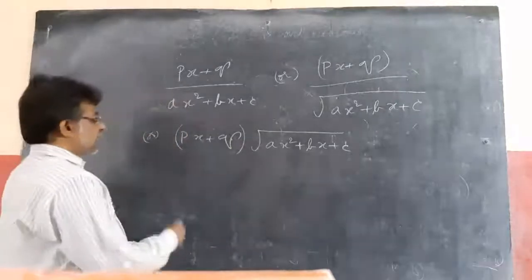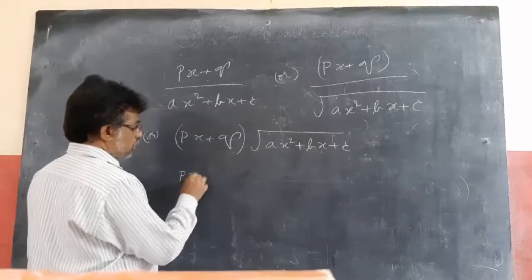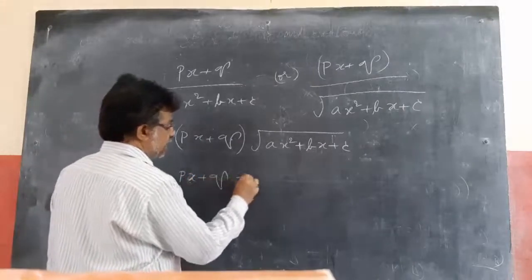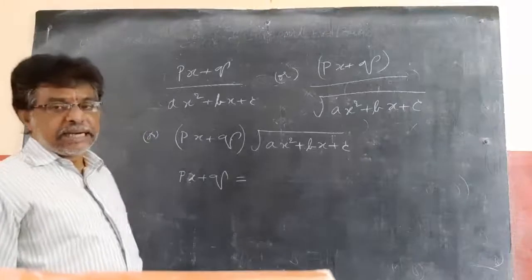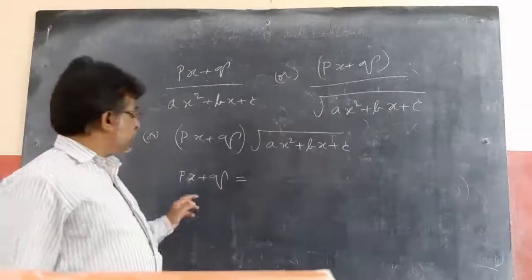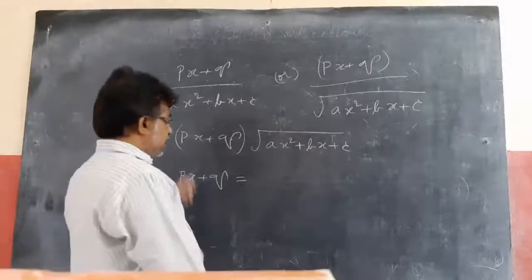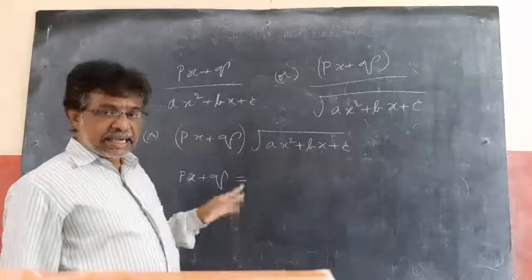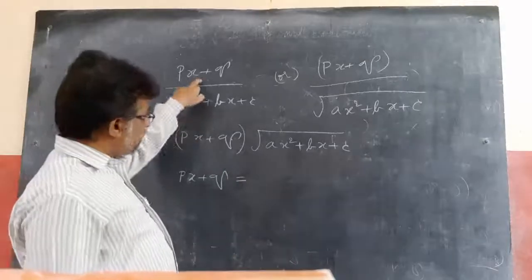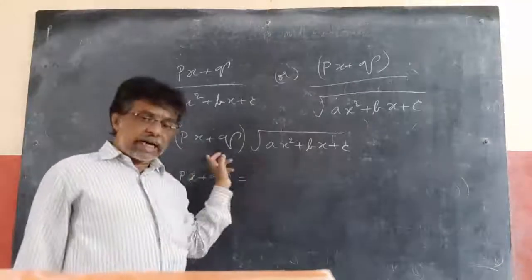So you can take linear, that is px plus q, equal to, like yesterday's method, a into d by dx of the quadratic plus b, with a small difference. Instead of numerator I am saying linear, because it can be numerator by denominator, or both in the numerator.